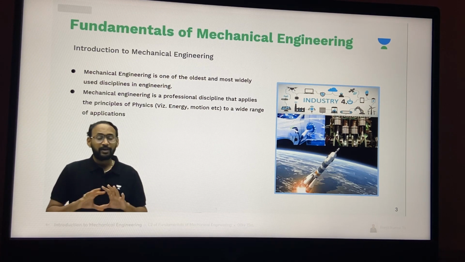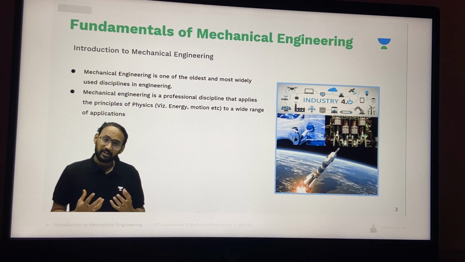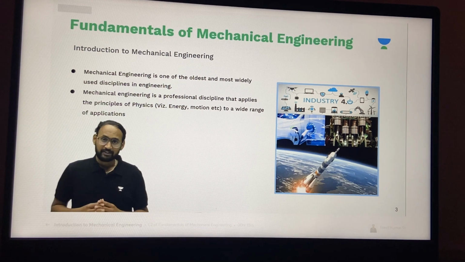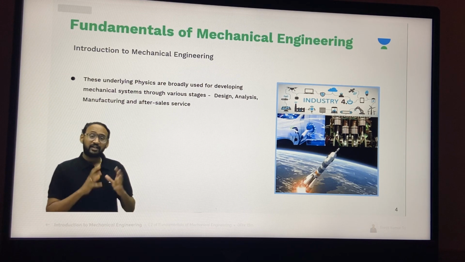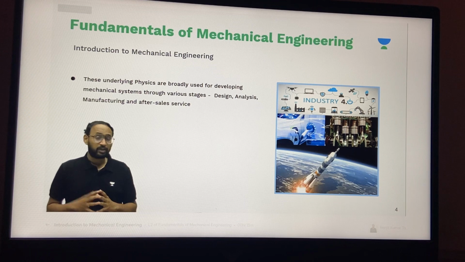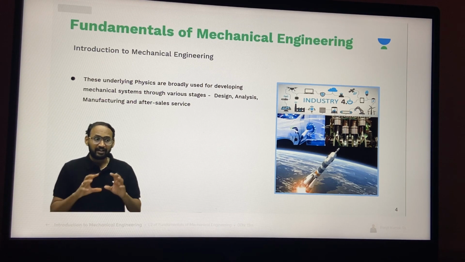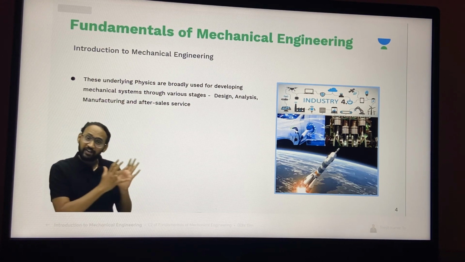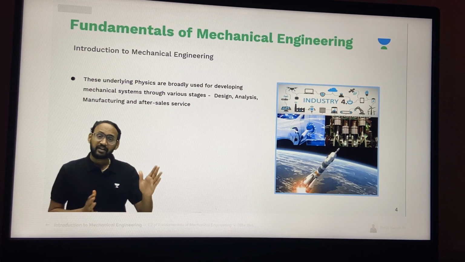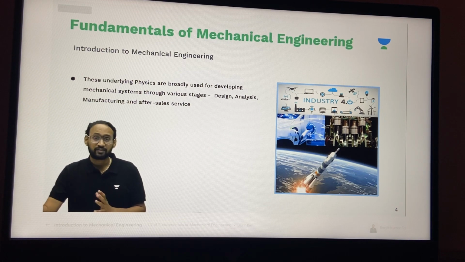So there could be a set of rules and procedures through which we develop the end products. These underlying physics are used to develop the systems through various stages. It's not that we use the physics in one stage and we develop the product. There are various stages from start till end which use the engineering physics for a successful outcome of a product.